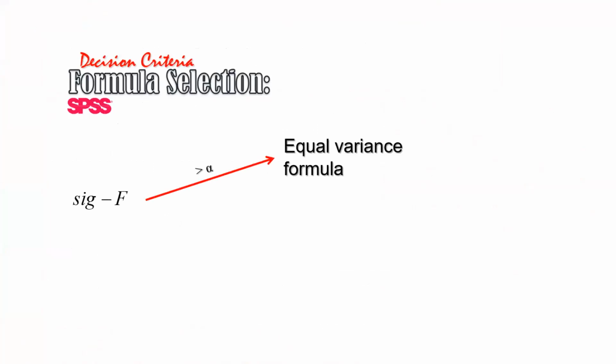Okay, so ini the formula to select the finding in IBM SPSS later. If the significant F larger than alpha, we read the equal variance finding. If the significant F lesser than or equals to alpha, we use the unequal variance formula.